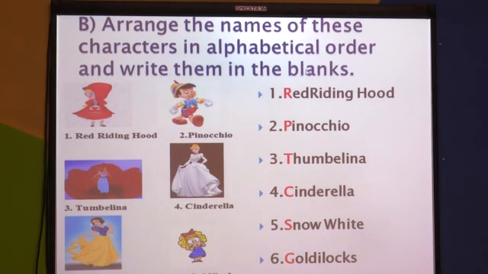While arranging these words in alphabetical order, once again we have to see the first letter of each word.